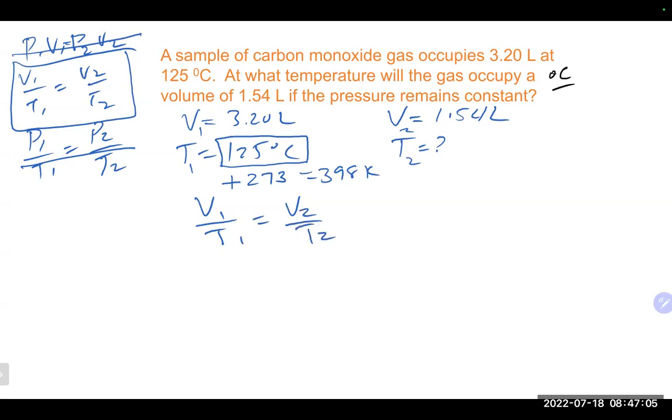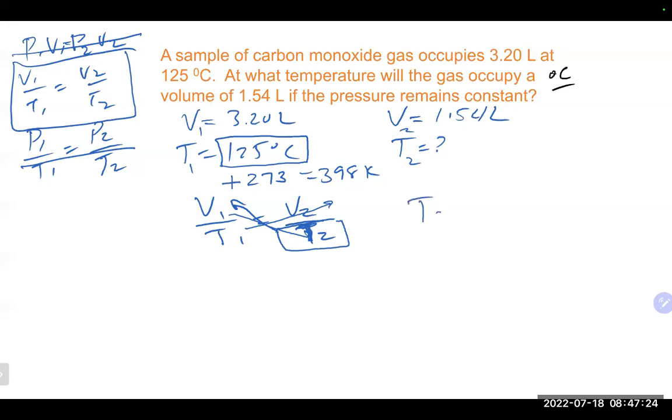Once again, a quick way to rearrange, if you like, is just to move everything to opposite sides. In this case, we are looking for T2, which means it needs to go up there, and all those other guys need to go in the opposite location. So this has got to go there, and this has got to come across there.